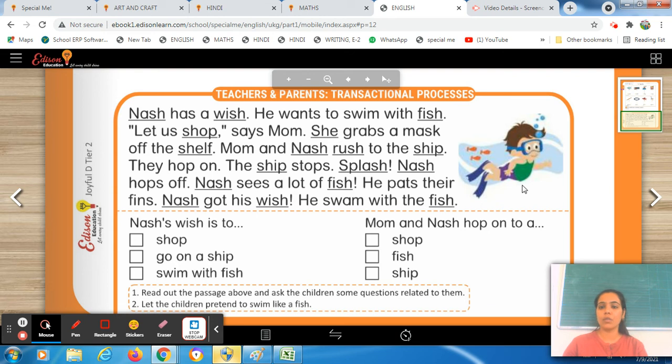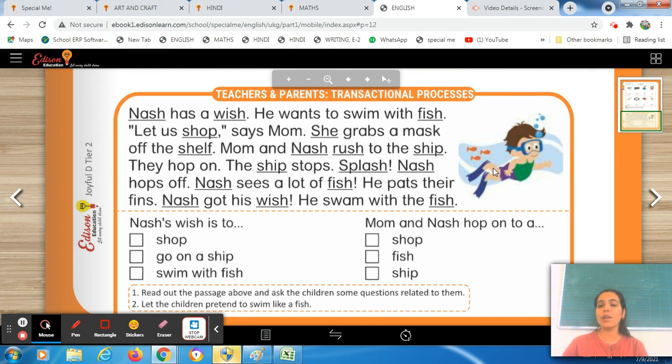Okay. So first of all, before starting this passage, let's see what is there in this picture. So students, see, there is a boy, है ना? And there are lots of fishes. So what does the boy do? Swimming, है ना? The boy is swimming in the pond maybe or in a swimming pool. So students, whenever you read anything, first of all observe in the pictures what is there in this picture.